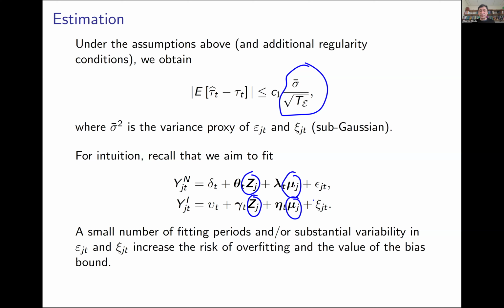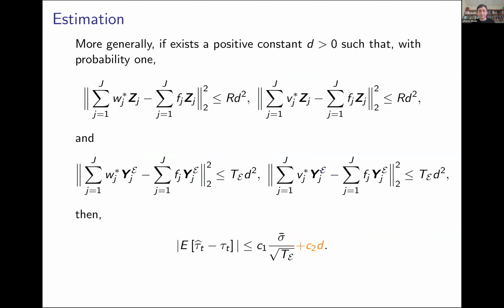But if our fitting of the outcome comes from fitting the epsilon xi's, then we are going to say that we have overfitting. Okay, and the risk of overfitting is going to increase when there is a lot of variability in these errors, and it's also going to increase when you have a small number of pre-intervention periods. So that's the intuition for this result.